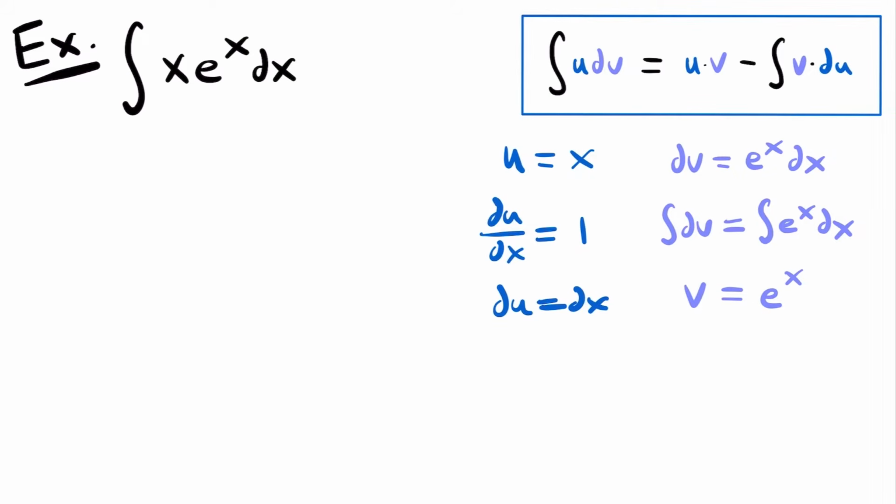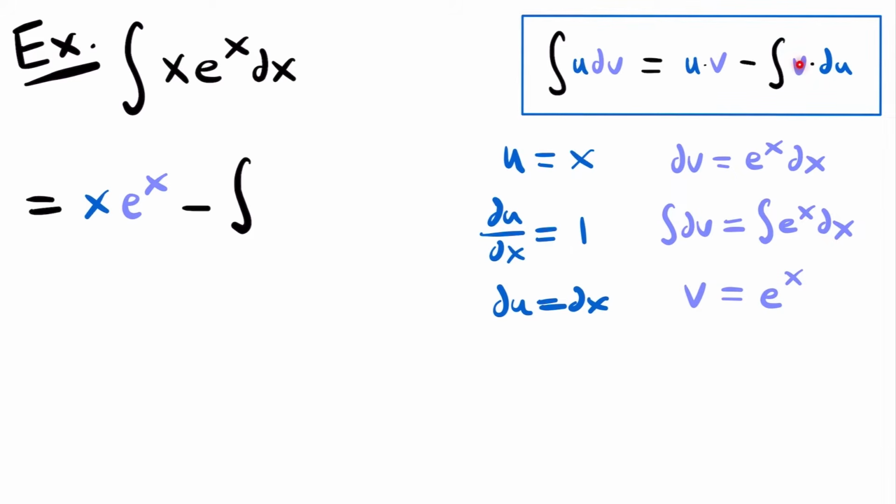All right, and so now we can use everything that we have here to rewrite this integral in this form. So we will have that this integral is equal to u times v. So we have u is equal to x, and v is equal to e to the power of x. So we will have x times e to the power of x minus the integral of v times du.